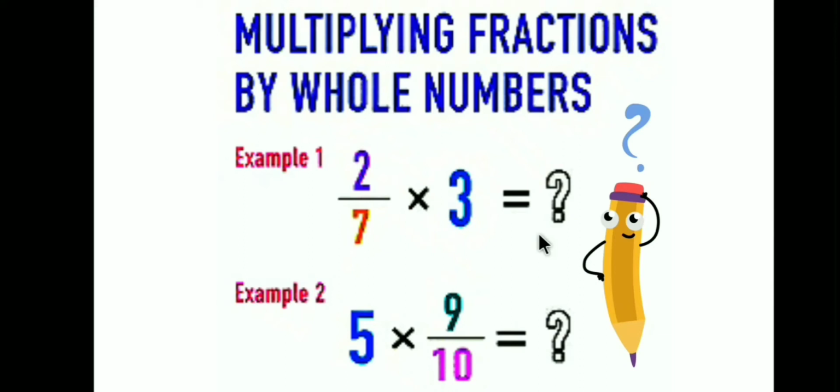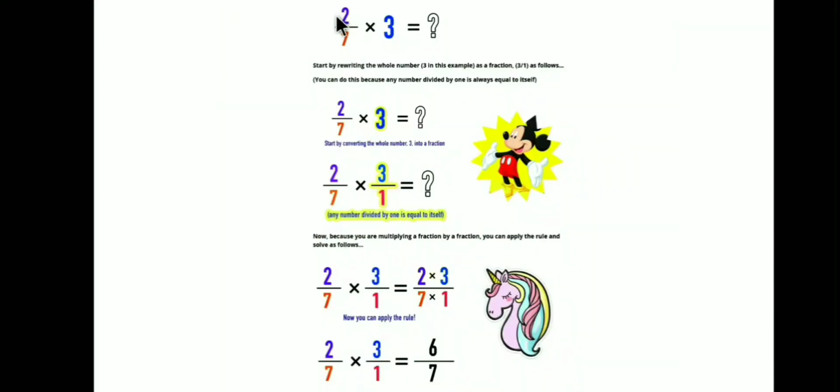What if we have to multiply a whole number to a rational number? Let's take an example. If we want to multiply 2 upon 7 to 3, where 3 is a whole number, then we will not multiply 3 to both the numerator and the denominator.